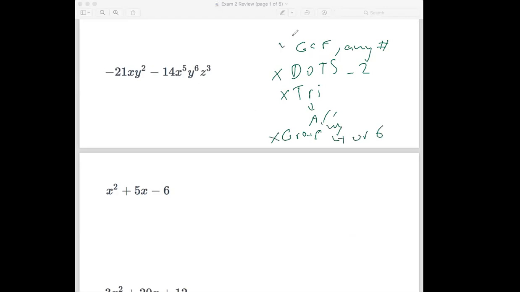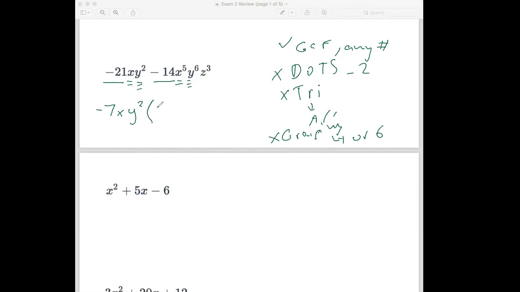So let's see if there's a GCF. Between -21 and -14, there's a GCF of -7. Between x and x to the 5th, there's a GCF of x. And between y squared and y to the 6th, there's a GCF of y squared. So that's our GCF.